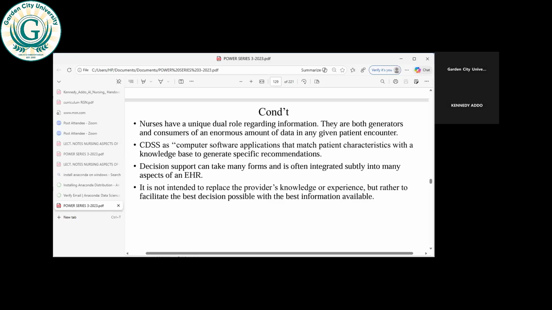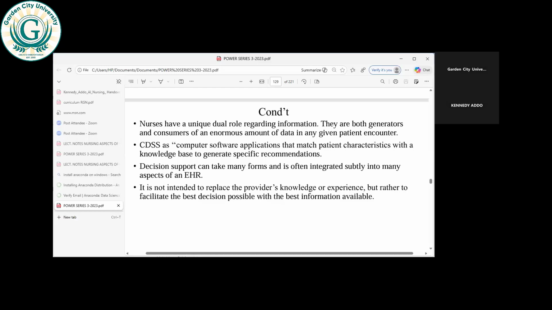And therefore, the CDSS will serve as a knowledge base because it contains a repository of patient information or resources. Okay. Decision support can take many forms. And it is integrated into enterprise-wide adoption of electronic health records.